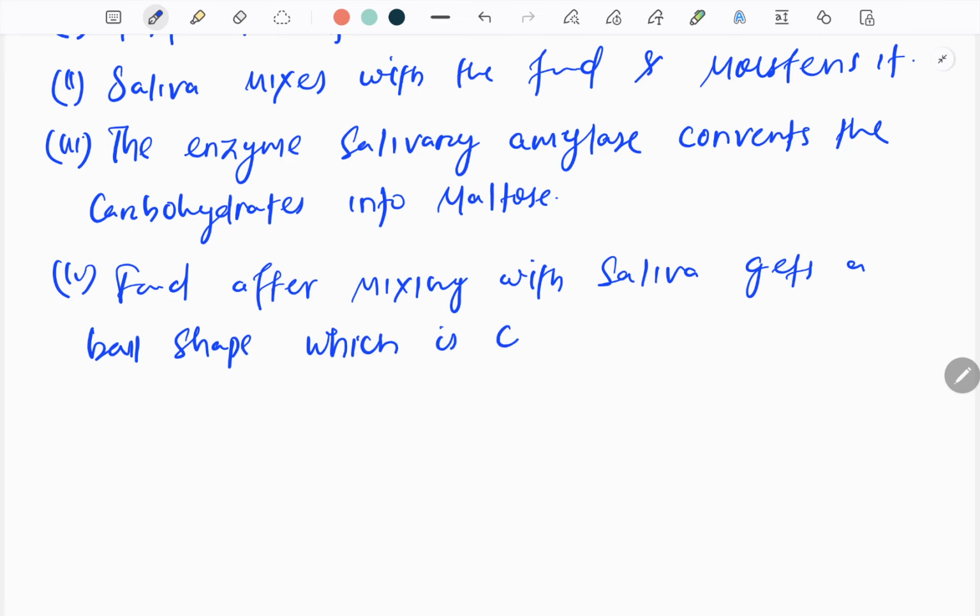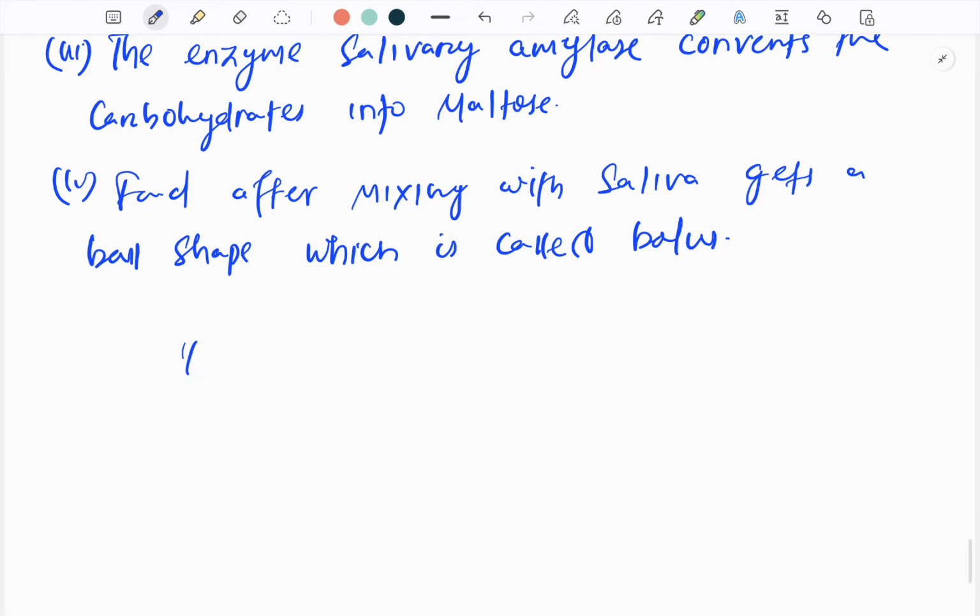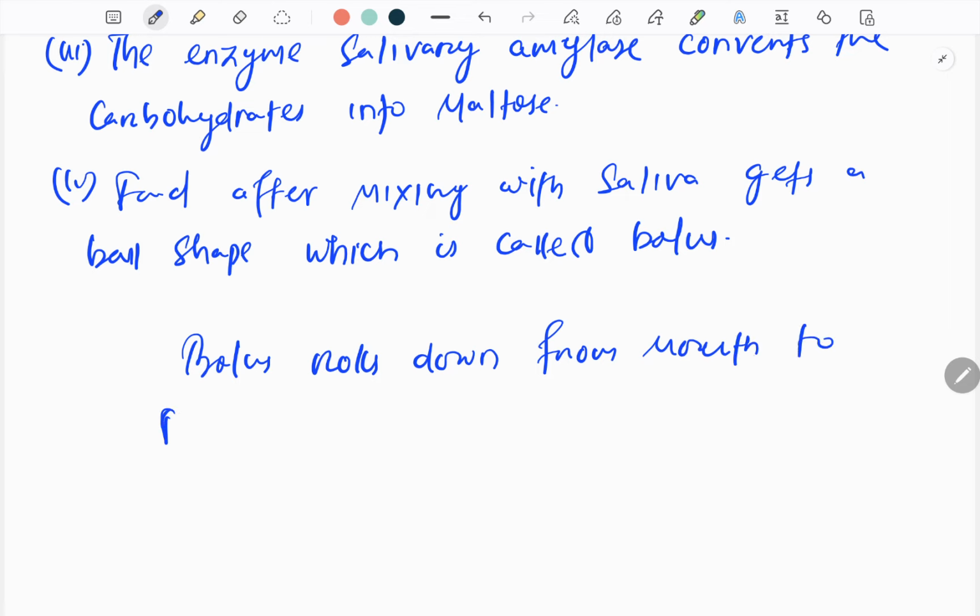This bolus rolls down from mouth to stomach through food pipe for further digestion.